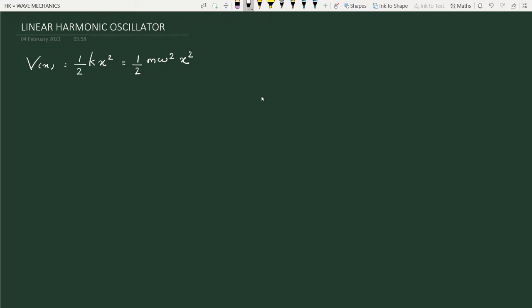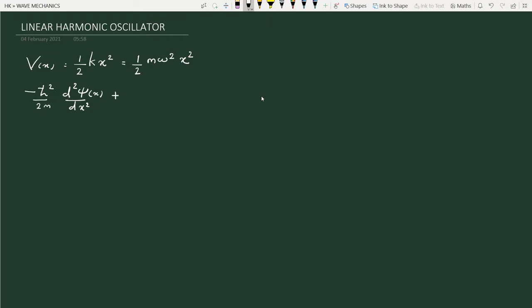So what is the time independent Schrodinger equation? I am using this form: minus h cross square by 2m. Instead of partial derivatives, we can use full derivative, because our wave function depends only on x now. It's a one-dimensional oscillator.